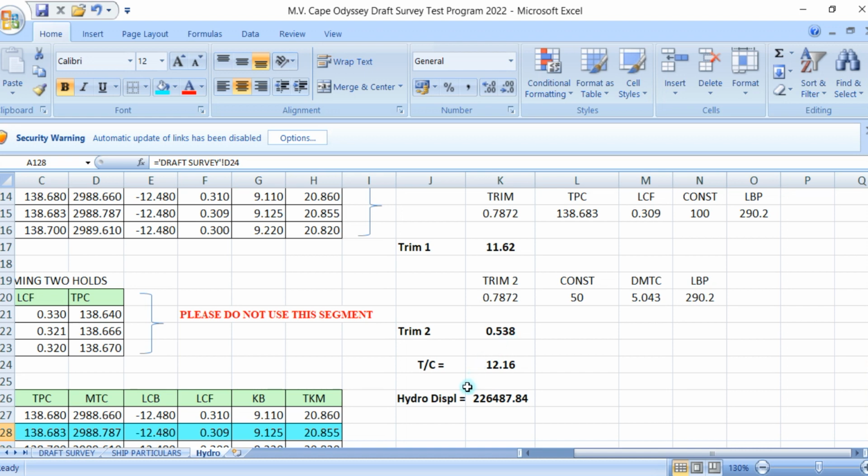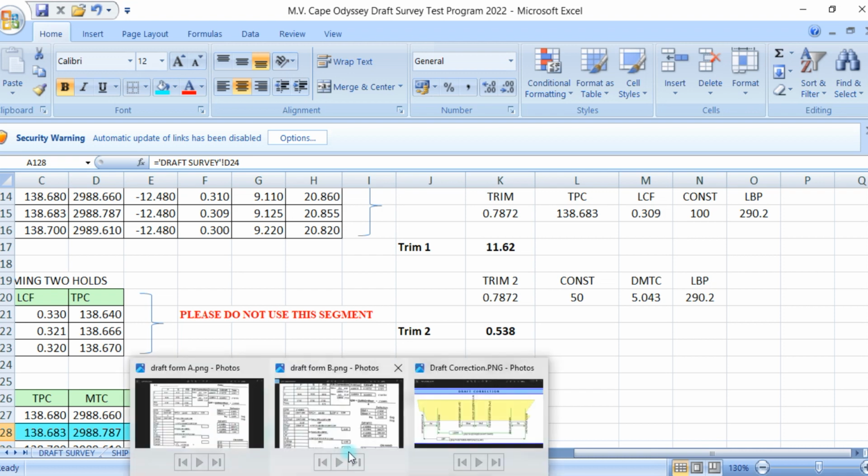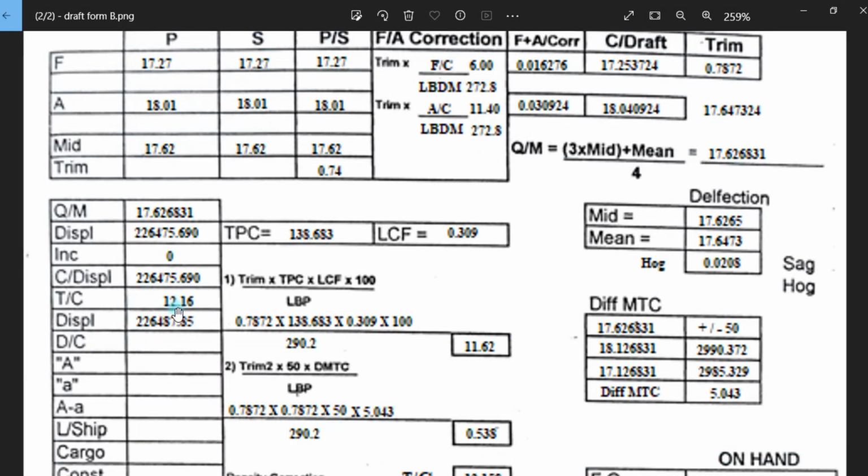You add 11.62 plus 0.538 will be 12.16, and if you add this to the corrected displacement, your trim correction will be 12.16, and the total displacement will be 22648785.